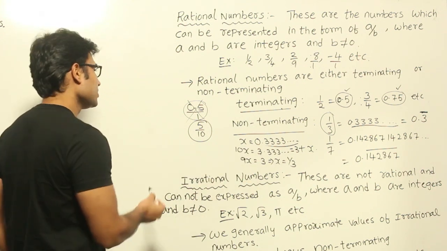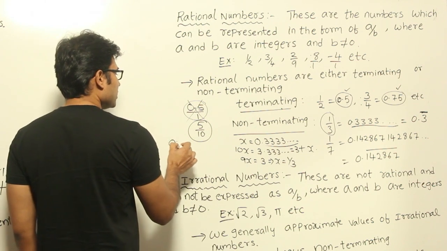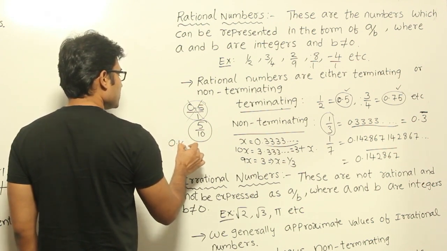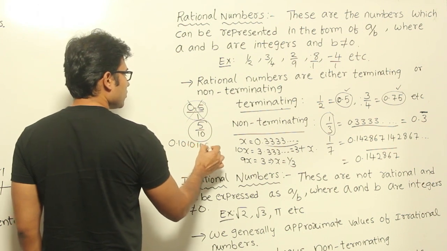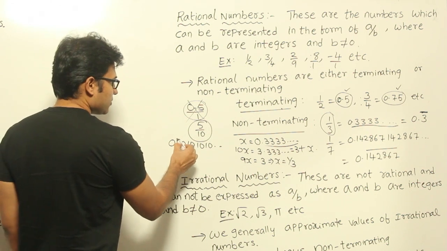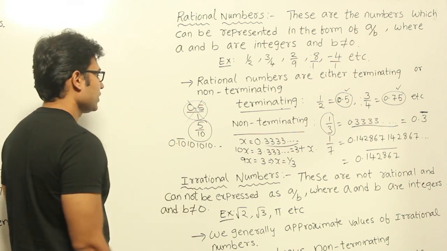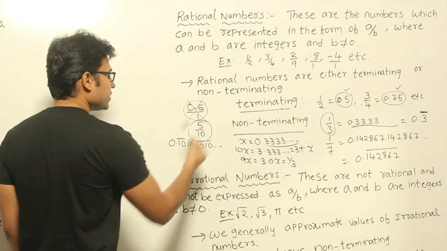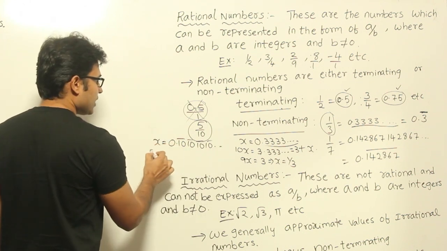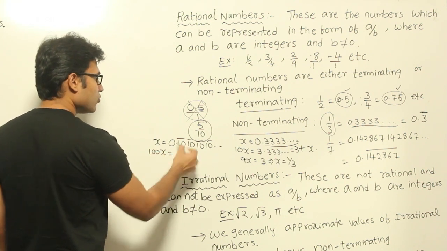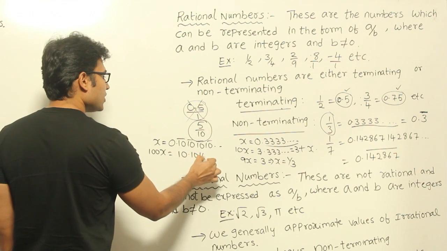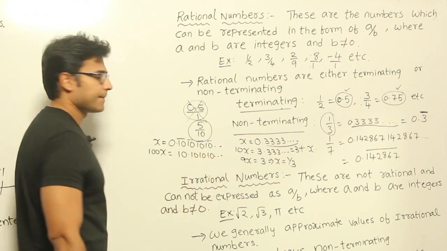If you want to see one more example, let us say the non-terminating number is like this: 0.10101010 and so on, right? Now if you see this, 10 is repeating itself. Now let us assume that this is equal to x. Then I could multiply both sides by 100, so 100 into x is equal to 10.101010 and so on, right?